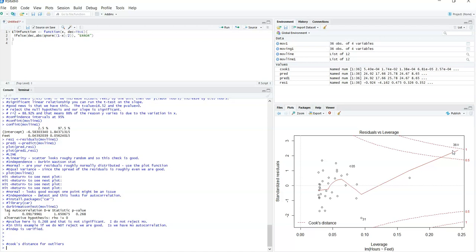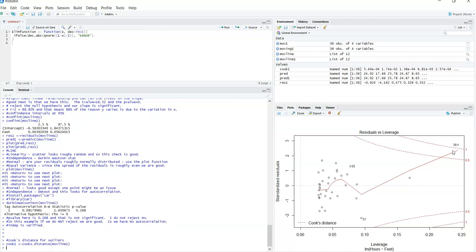Well, what happens is you first of all call it Cook1, and you ask this command line to find all the Cook's distances for the dots on your regression equation.